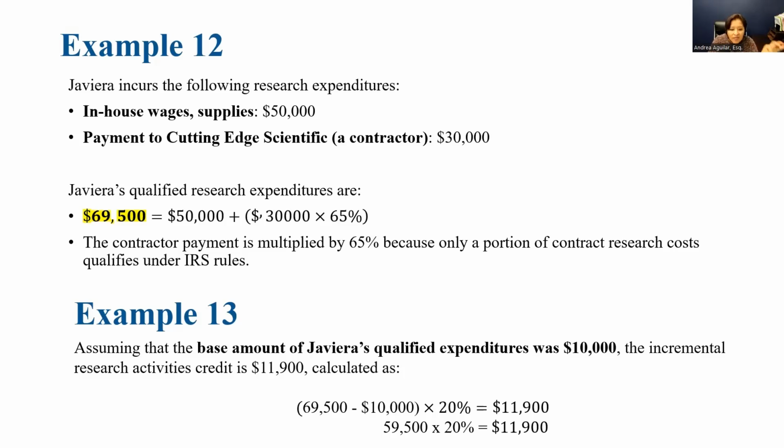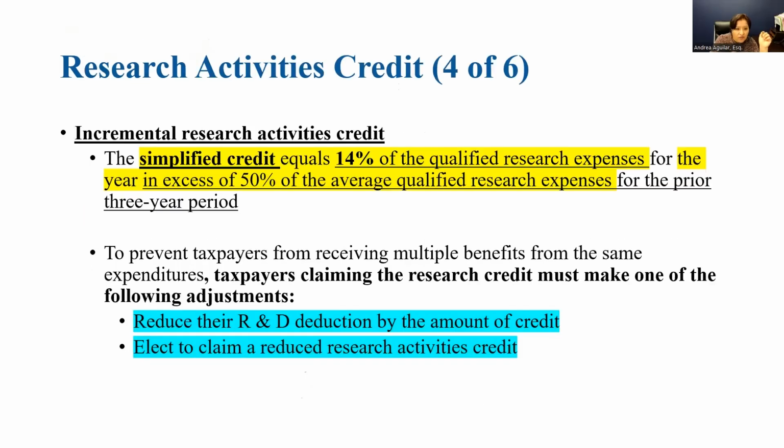Actually, the incremental research activities credit, because we know that we have multiple credits in this area, 3 actually. There's another method to calculate this incremental research activity credit. The simplified method equals 14% of the qualified research expenses for the year in excess of 50% of the average qualified research expenses for the prior 3 years.